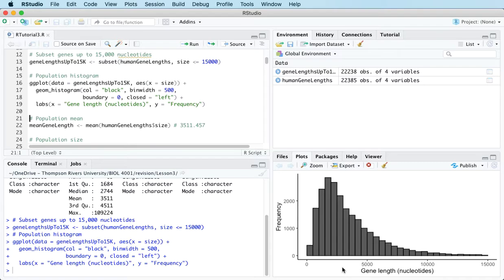So this is a teaching experiment. It doesn't reflect something that we would actually do in real life, because in real life we generally don't have the population to work with. The way that statistics works in the context that we're learning about in this course is that we have a population that we're interested in, but we don't have the means to actually study that population in its entirety.